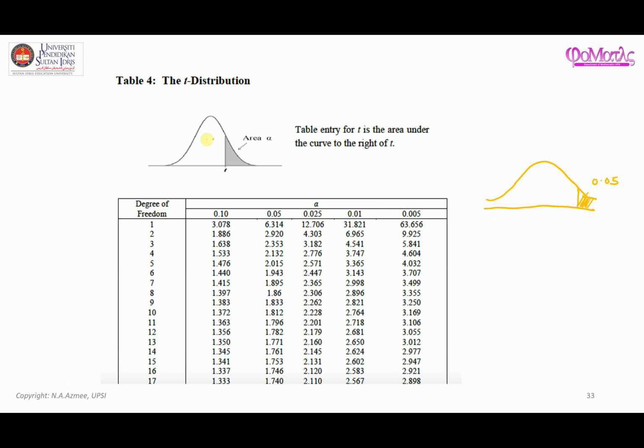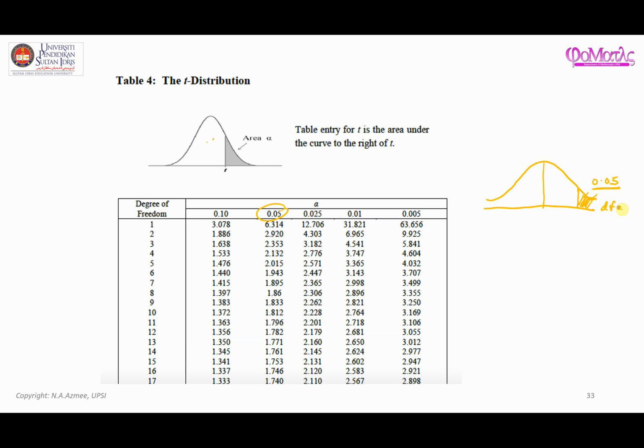What we have over here is similar to the diagram given on the table, and therefore what we need to look up is alpha 0.05, which is this one.